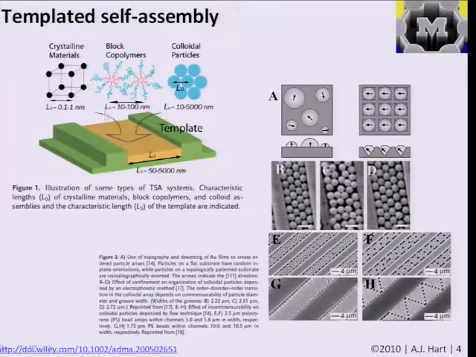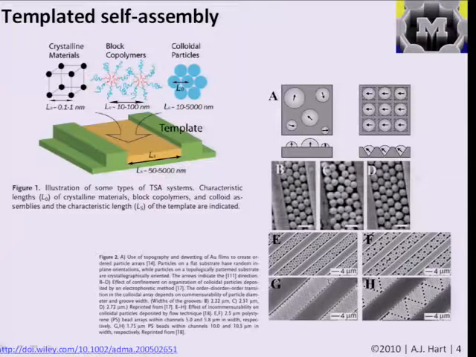And upon this template, we could think about, in a general sense, how we would make nanostructures and use the template to enforce their assembly in an ordered configuration. And so we'll deal with the specific methods by which this is done later.